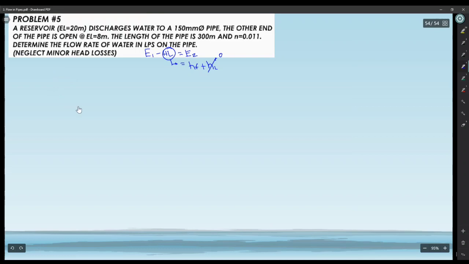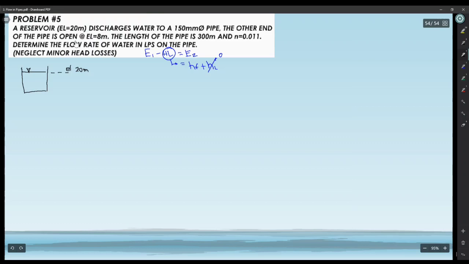Okay. So, before we can proceed, mas maganda, i-illustrate muna natin yung figure. So, meron ka daw ditong reservoir. Ayan. Kung saan yung water surface is at elevation na 20 meter. Okay? And it discharges water to a 150 millimeter diameter pipe.